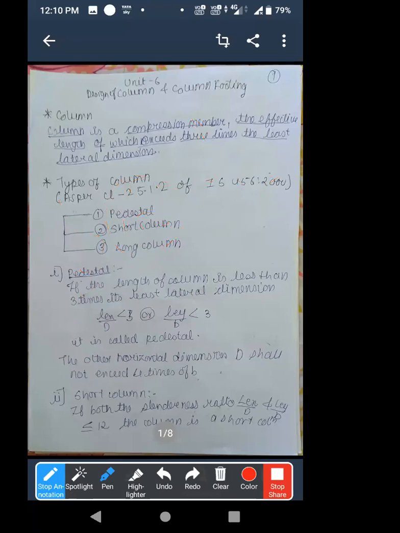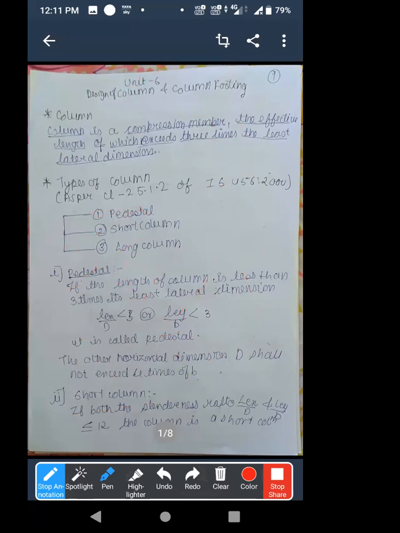But the dimension D shall not exceed 4 times B in the pedestal. This is the second case. The first case is LEX upon D less than 3, or LEY upon B less than 3. And the second is that D should not be greater than 4 times B, and that is known as the pedestal.